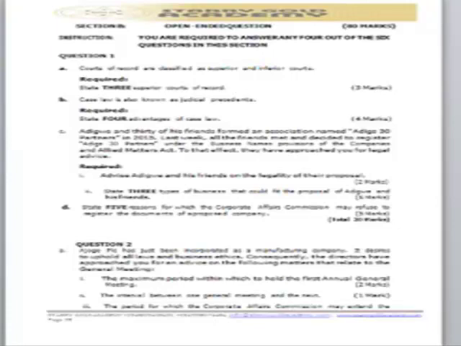Now we have what we call courts of record. Nearly all courts in Nigeria are courts of record, but most of the time when we refer to courts of record, we are talking about superior courts. Superior courts start from the apex court, the Supreme Court, then Court of Appeal, Federal High Court, State High Court, Sharia Court of Appeal, Customary Court of Appeal, and the National Industrial Court.